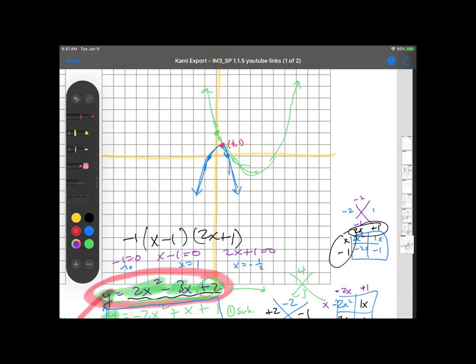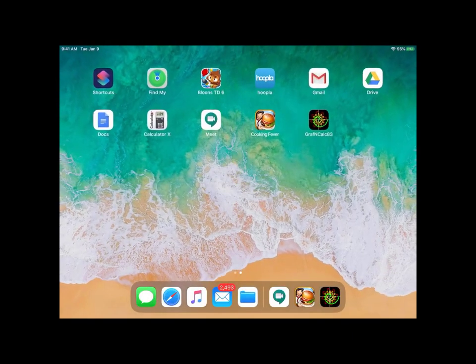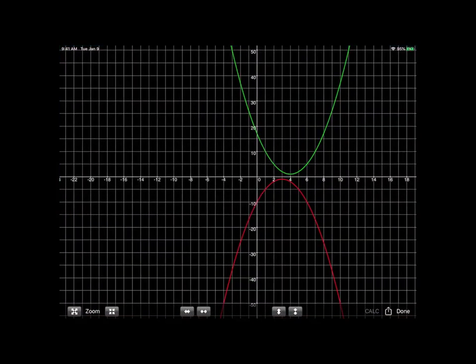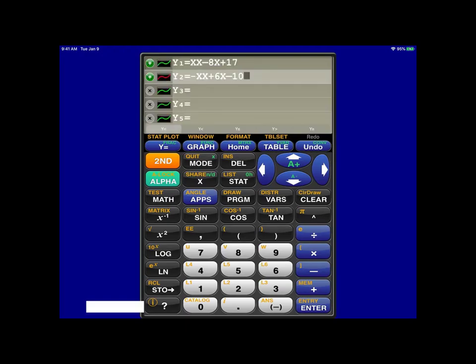Okay, let's use our technology and see what our graph looks like. Take a picture of the original equation. And then let's graph that. y equals, go up.